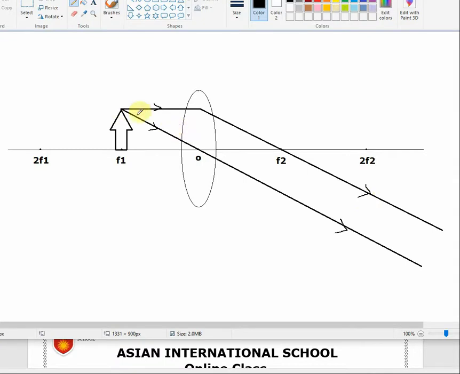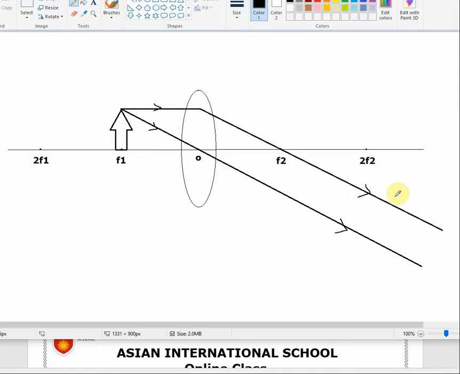And since the light after refraction is converging, in the sense that the lines after refraction are bending inward, it will be an inverted image. So it's an inverted image at infinity and real.